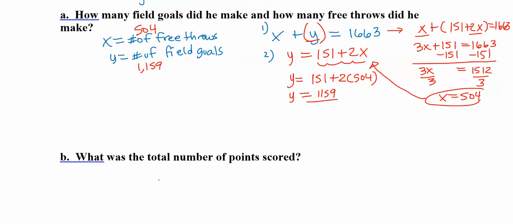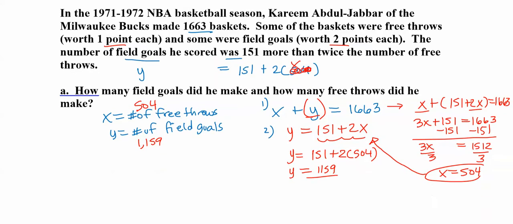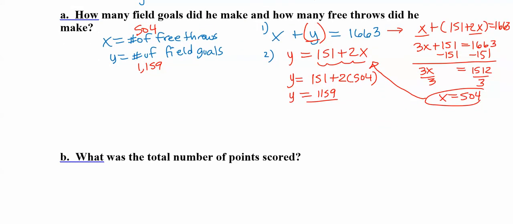So how many points did he score then? Well, the way the points work out are that the free throws are worth 1 point each and the field goals are worth 2 points each. So if he made 504 free throws, then he has 1 point times 504, so that's 504 points. And he shot 1,159 field goals, and field goals are 2 points each.